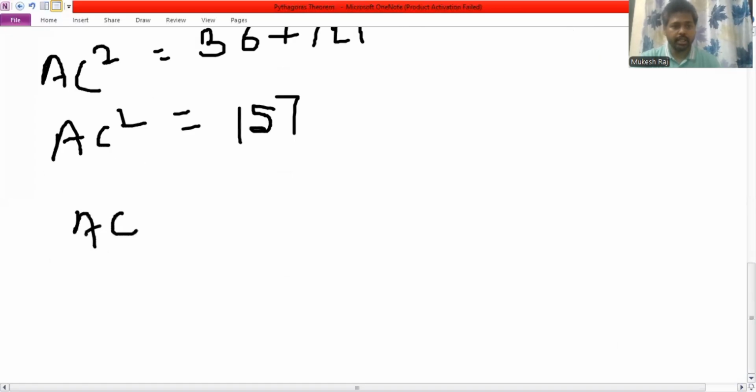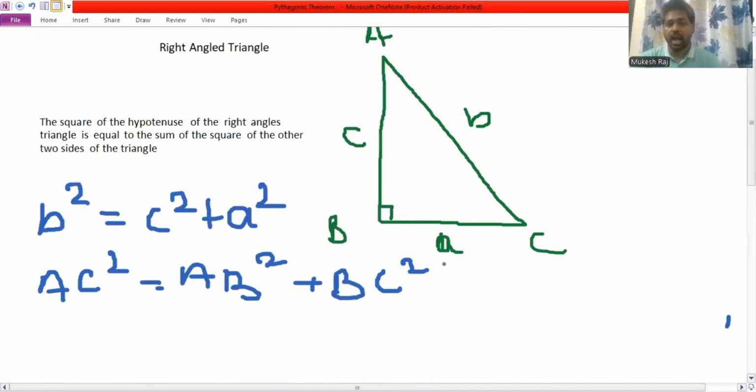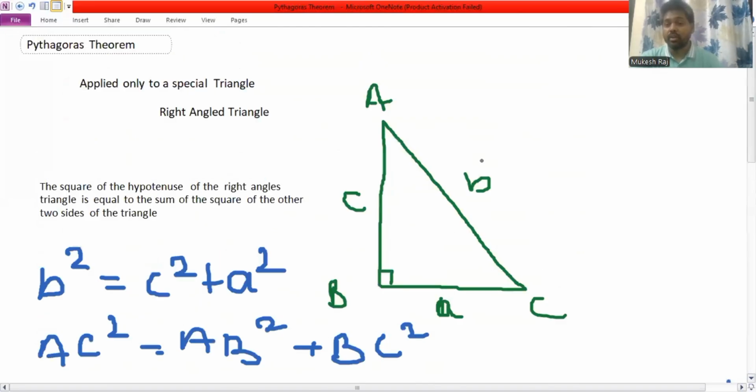So AC is equal to under root 157. This is one of the examples through which we can understand the adaptability of the Pythagoras theorem, where here we have found the hypotenuse, but it is not restricted to the calculation of the hypotenuse. We can calculate any of the given sides.